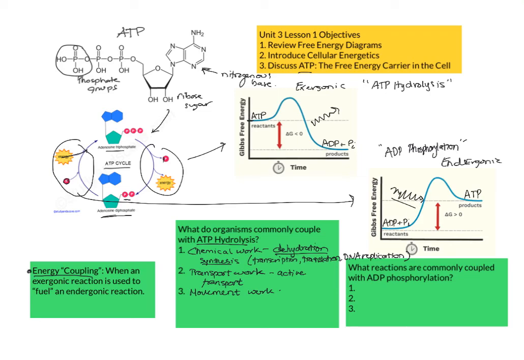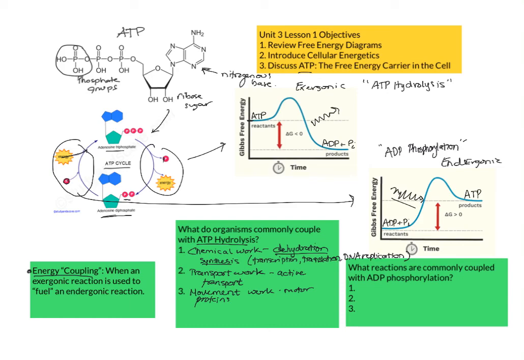But we can also relate this to what we saw in Unit 2 with motor proteins, which move along the microtubules to move vesicles from one place in the cell to the other. It requires energy, and so it's often coupled with ATP hydrolysis to allow that to happen. Okay, so those are three major categories of cellular work that are coupled with ATP hydrolysis.